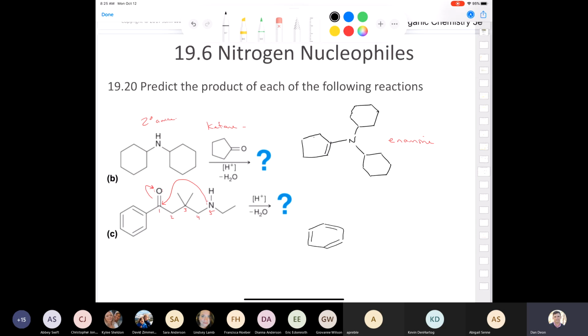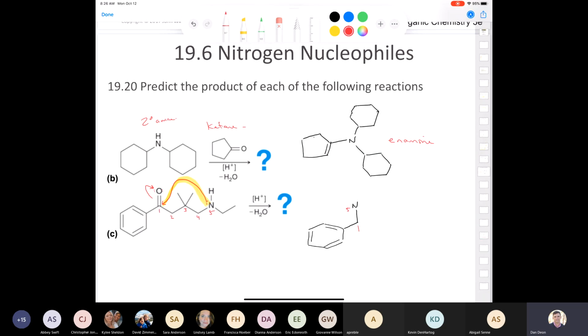There we go. Now let's count carefully. I have 1, and then that's going to connect by this curved arrow. Curved arrows represent the formation of a bond or the breaking of a bond. Now this one starts on a lone pair and ends up on a nucleus, so that is bond forming. That means number 1 is going to form a bond to a nitrogen, this nitrogen that I labeled number 5.